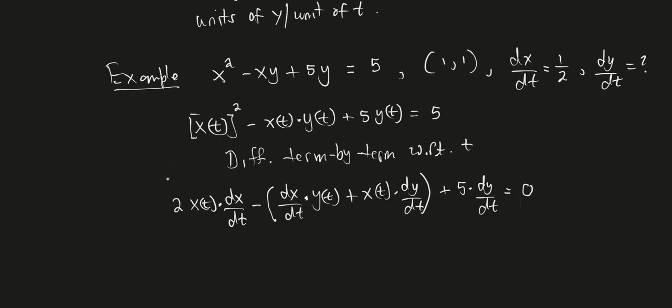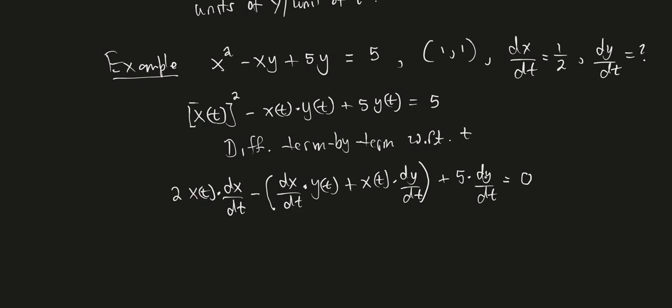Okay, so now again, this equation gives us the relationship that we need. But now let's write it without the of t. So let's drop all the t's and the parentheses. So it looks like this: 2x dx dt minus, and distribute that negative sign, dx dt times y of t, or well, actually just minus y, since I'm dropping the of t.